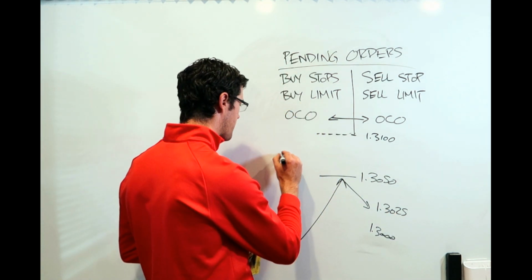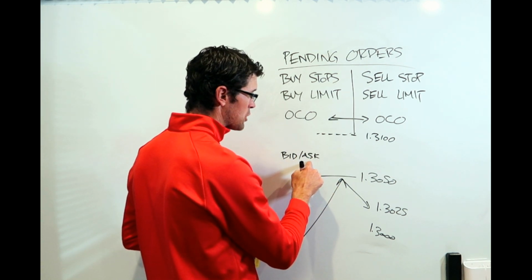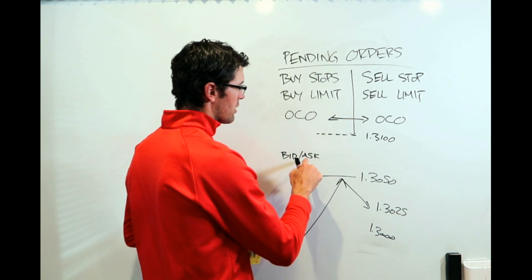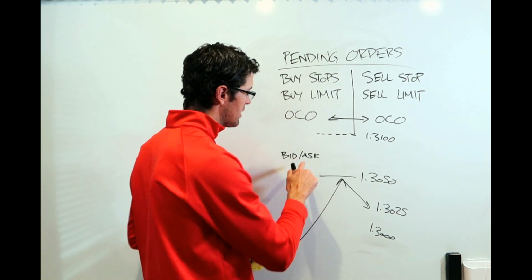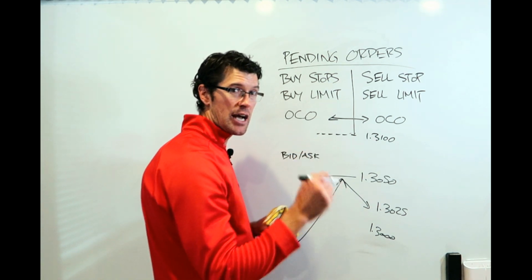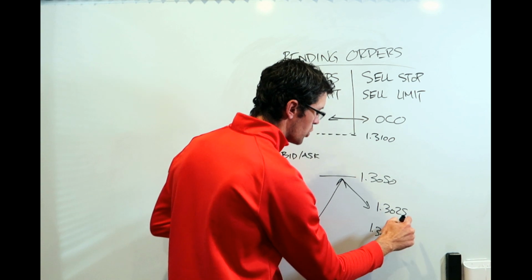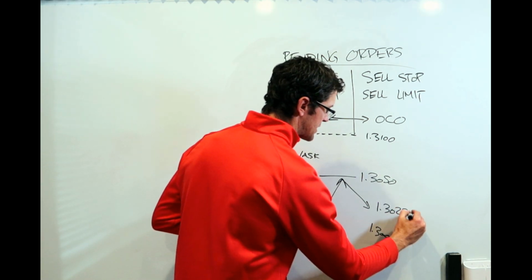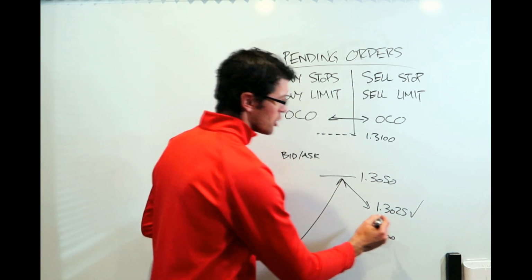Now again, because we have a bid and we have an ask, if we want to get filled at 3025, that has to be the ask price. And if we still have a 2 pip spread, here's what it means. That means that actual price, the bid price, has to go down to 3023, and then we can get taken in on that trade. Now here's the cool part about buy limits and sell limits. Look at our risk.